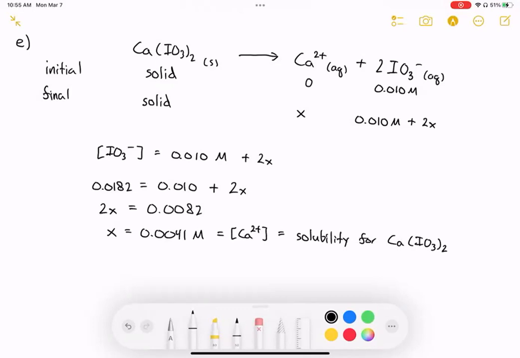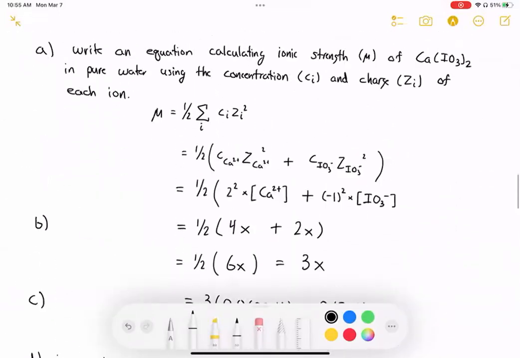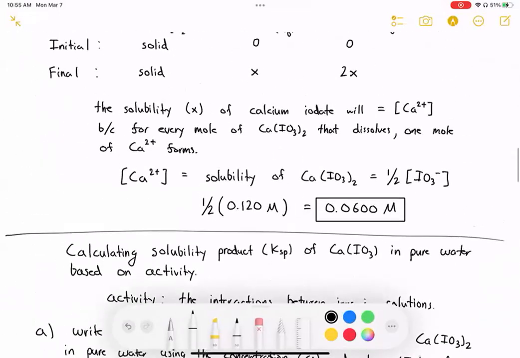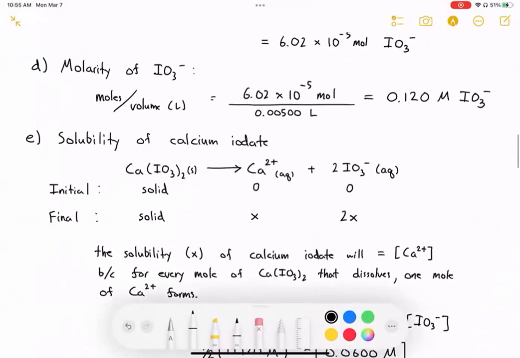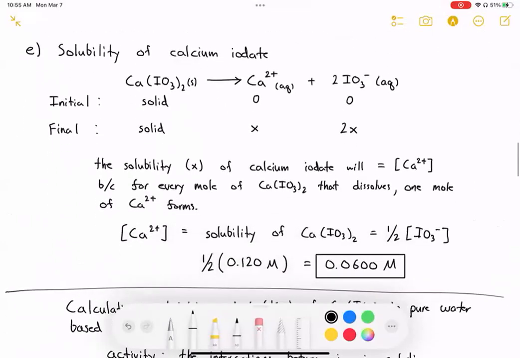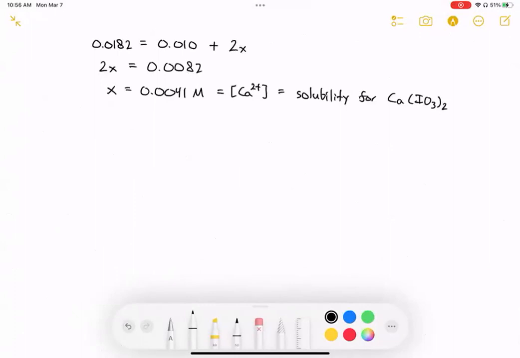If we compare this, that's much smaller than our part 4 calculation, where our concentration was 0.006 molar right here. So very much smaller, and that's due to the common ion effect.